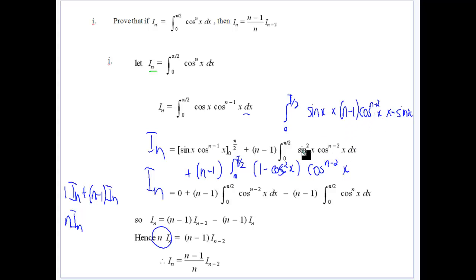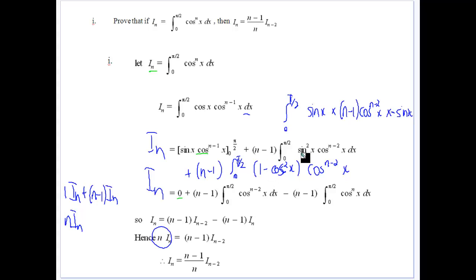Now we want to manipulate this, because the sine squared x isn't going to help us too much. The first part, if we put our values in, well, when we put pi on 2 in, cos of that would be equal to 0, and when we put the 0 in, sine of that would be equal to 0. So that part there comes down to be 0, which is not too bad because that cleans it up. And we get the n minus 1.